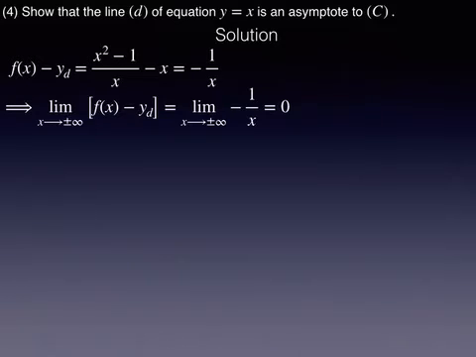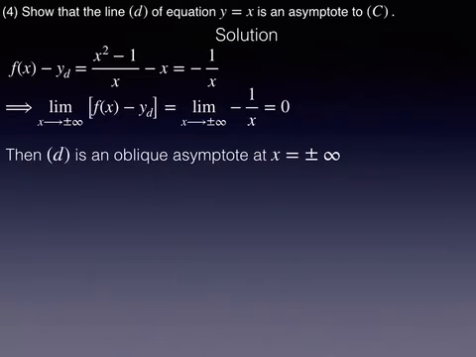Any number over infinity is equal to 0. And because the answer is 0, we can deduce that the straight line y equal x is an oblique asymptote to the curve C when x is plus or minus infinity.